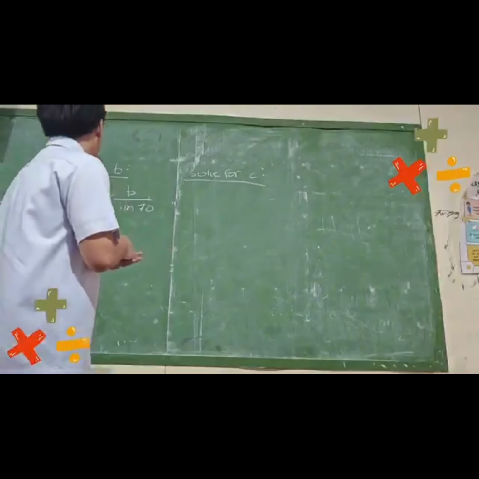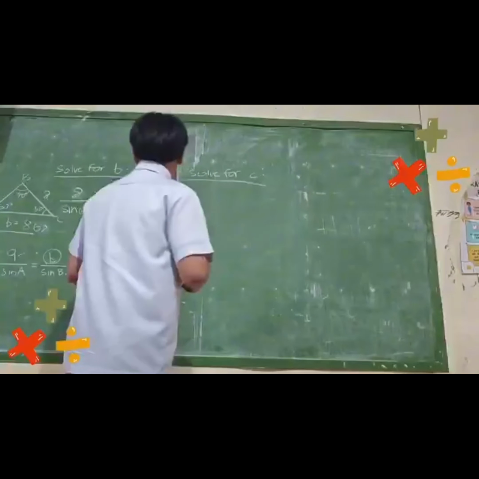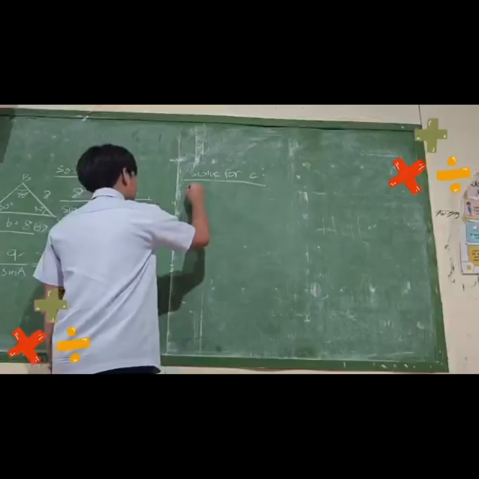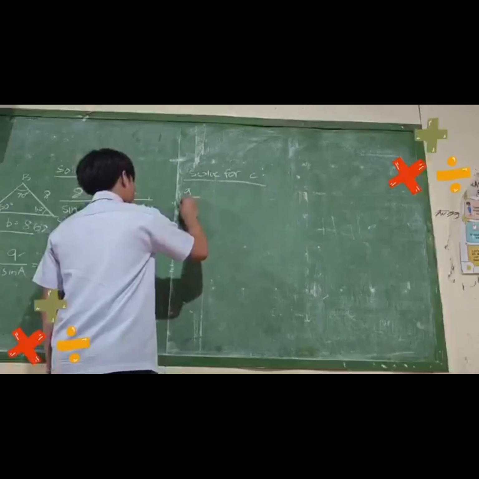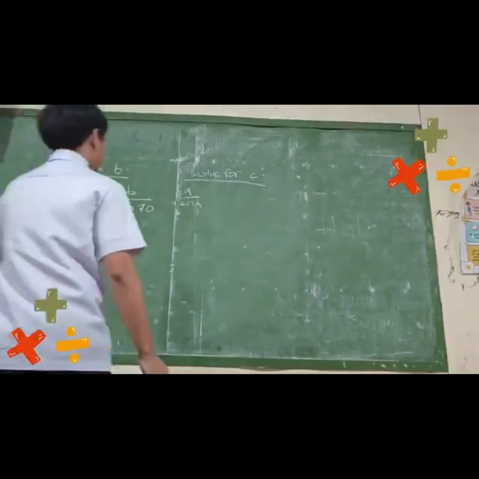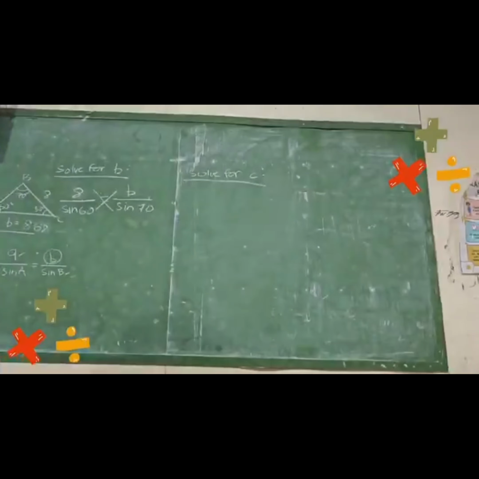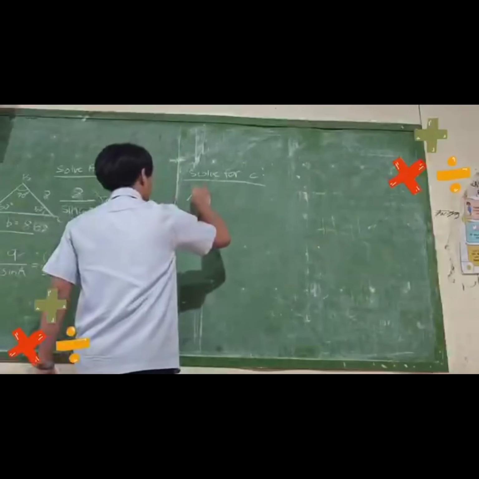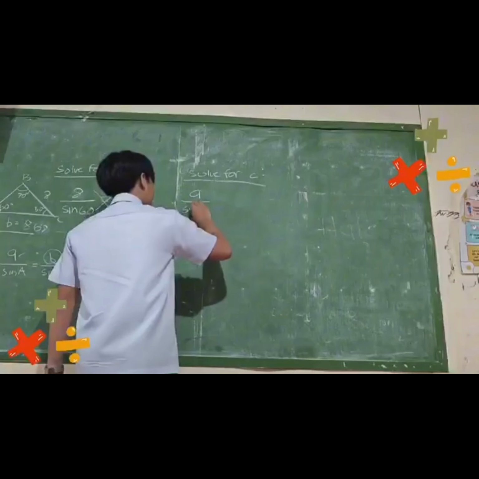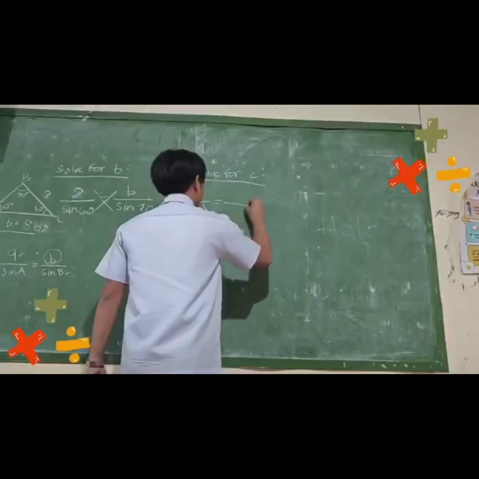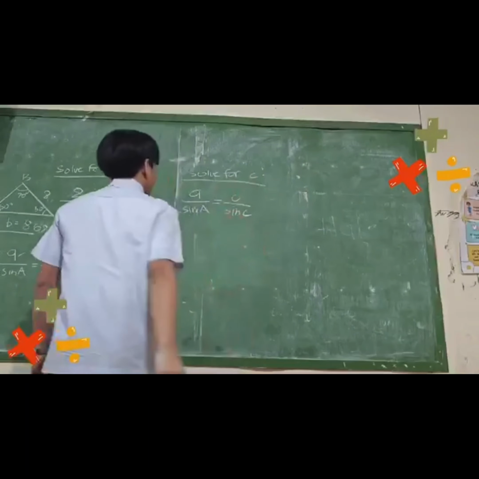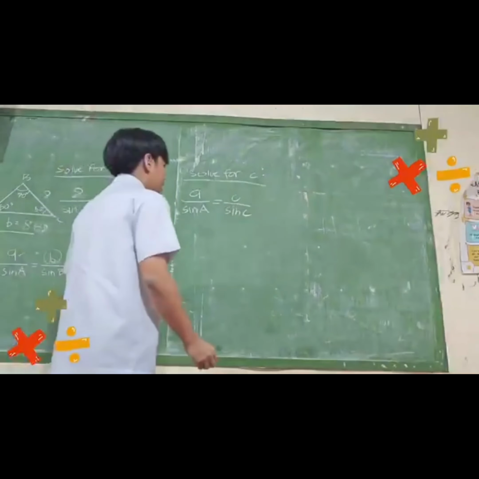Now we're going to solve for C. Our procedure is still the same. The equation we're going to use is a over sine A. We're finding C here, so we put C. Our procedures are the same.